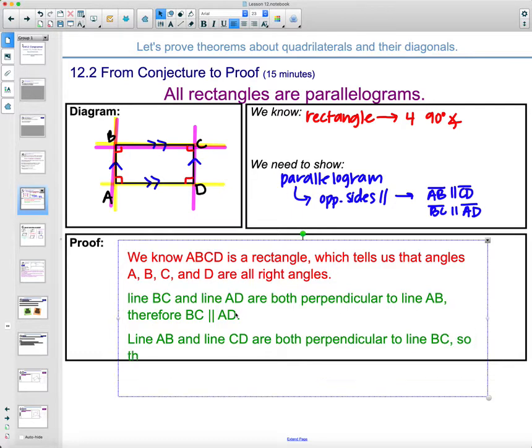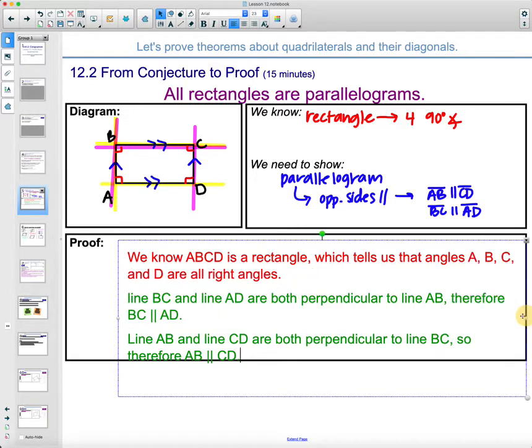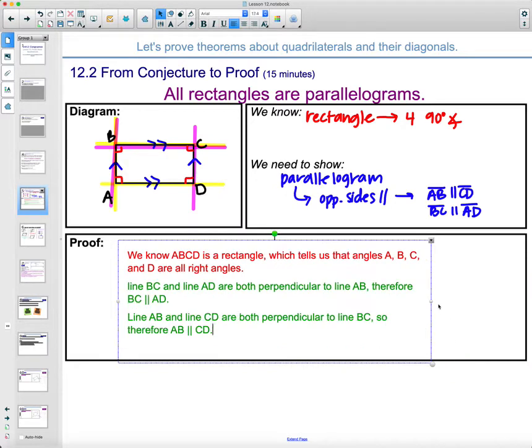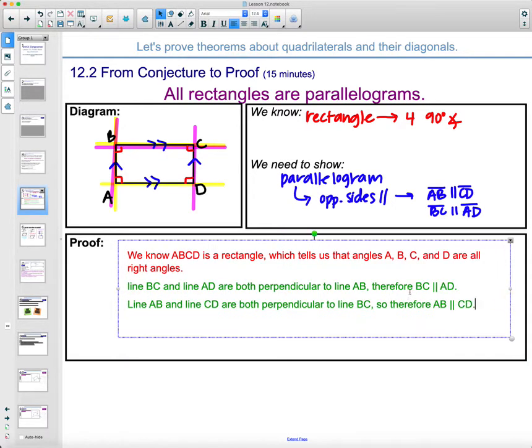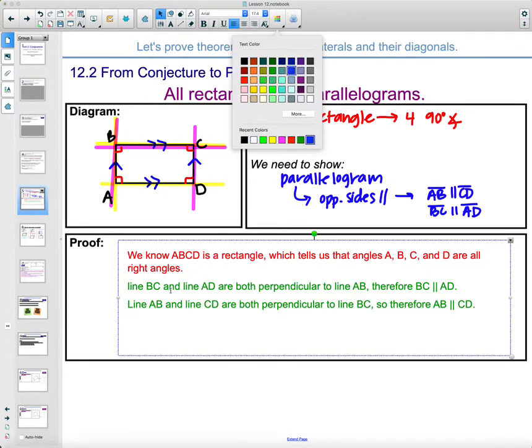Therefore, AB is parallel to CD as well. Now you've gotten both sets of opposite sides parallel. We've gotten that into our proof, so we proved both of these things. That means that we're ready to say that it's a parallelogram.